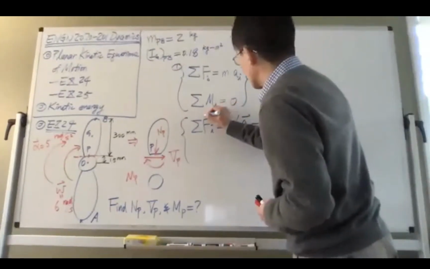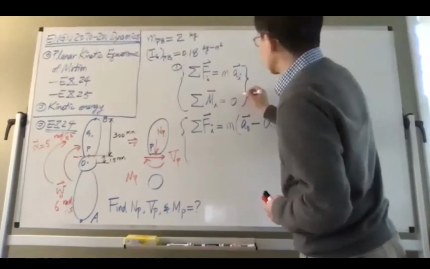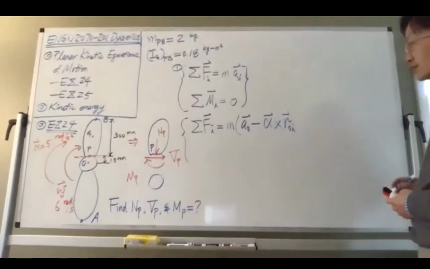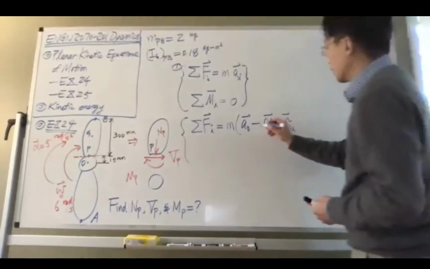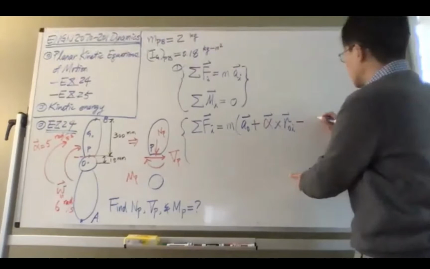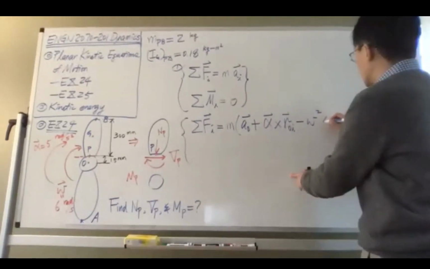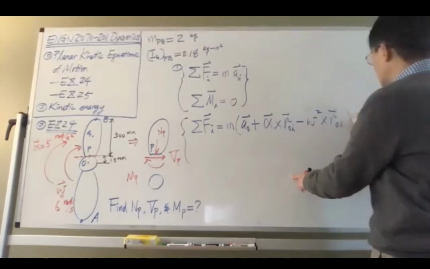So maybe we do it like this. They're all moments. They are all vectors. And then what else we have? We have plus and minus omega squared cross R OI.